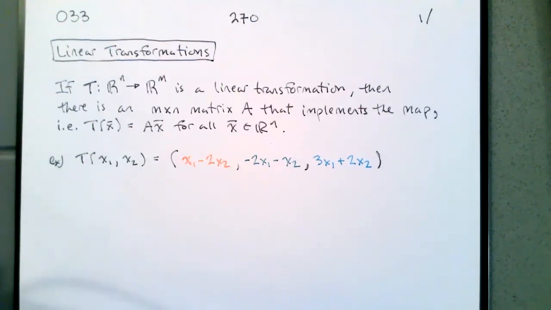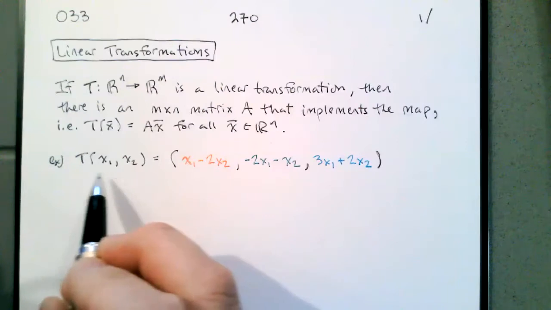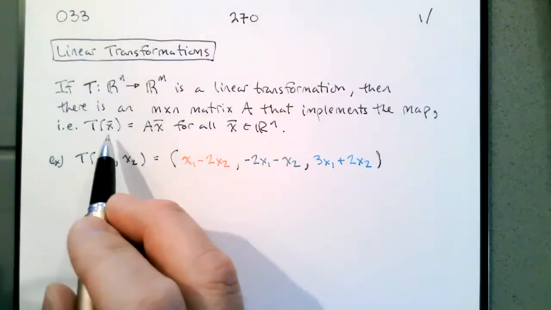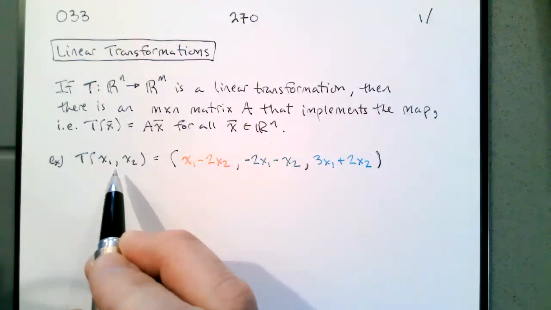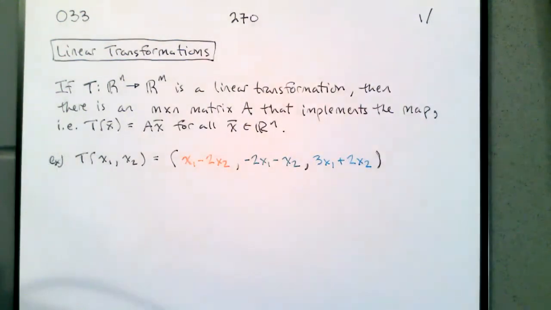Here we have the image of x1, x2. This is our vector x that we're starting with. We're starting with a vector in R2. So here's our vector from R2.